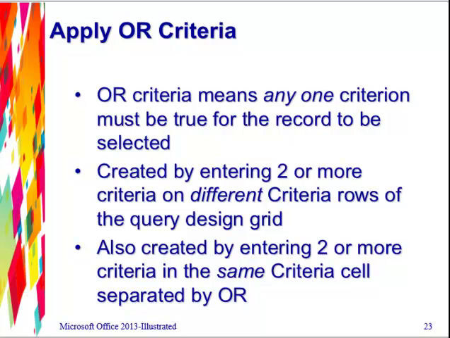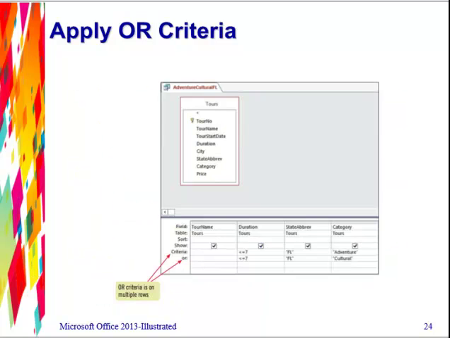So we could have gone equal to Colorado or Florida, and that would have been the two choices pulled from that Access database. This shows you how you can apply the OR criteria in the OR row, and an OR criteria has multiple rows if you wanted to add more to it.